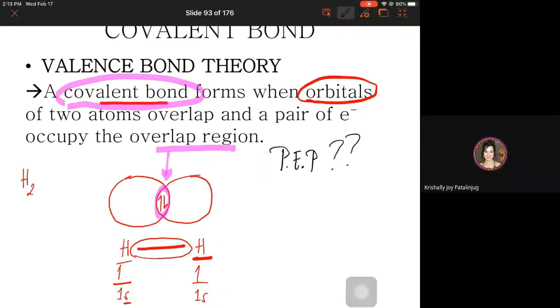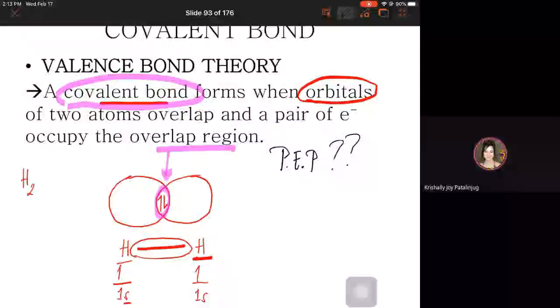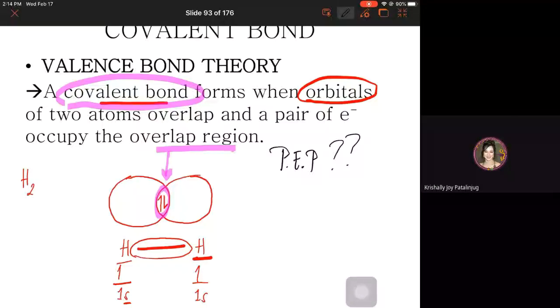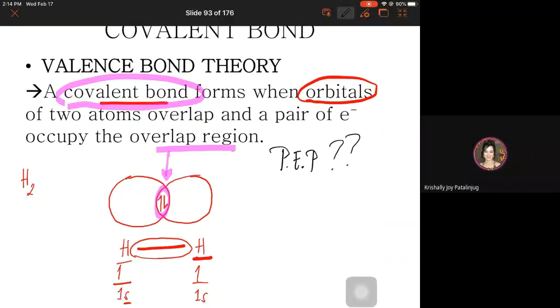At least, they must differ lang sa spin of electrons. That is why the moment that electrons occupy the orbital, they must at least have opposite spin. And of course, a single orbital can only hold up to 2 electrons, and those 2 electrons must again have opposite spins as a requirement by Pauli's exclusion principle.